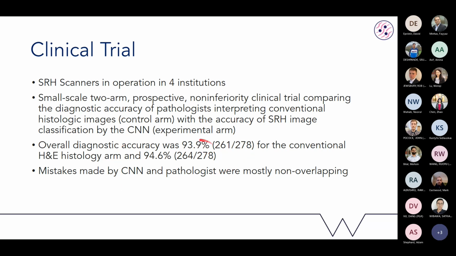And they've got an overall diagnostic accuracy which is roughly comparable between the 2. They've essentially shown non-inferiority of their method.